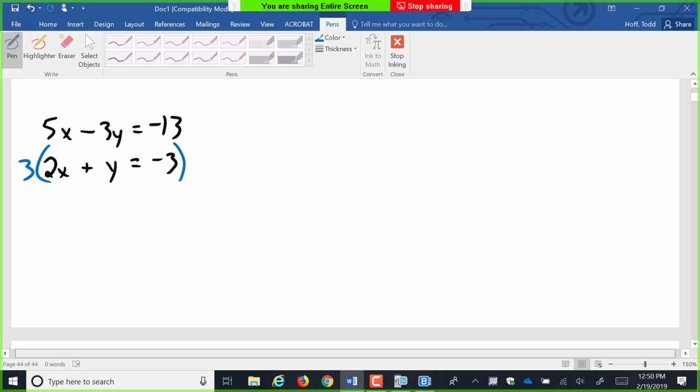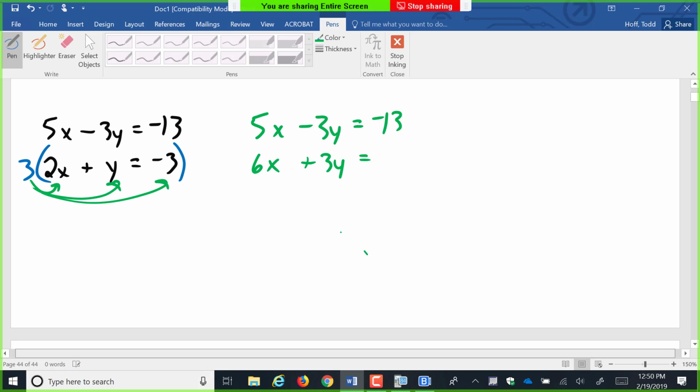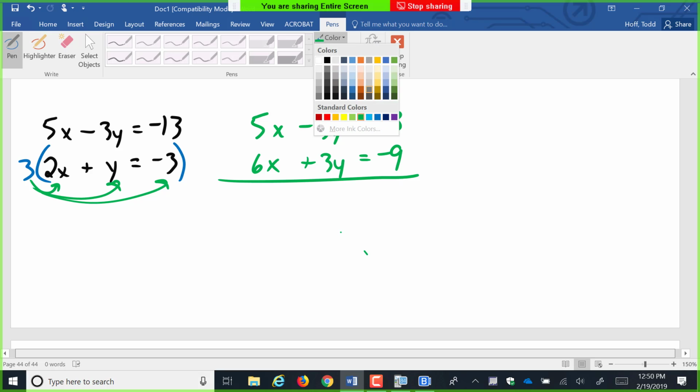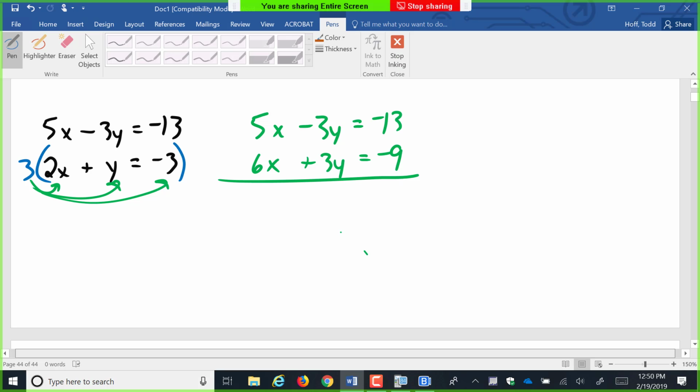Exactly. So that top equation will still be 5x minus 3y equals negative 13. That bottom equation is going to become, what's 3 times 2x? 6x plus 3y equals negative 9. Perfect. Now we have a negative 3y and a positive 3y. Those are going to cancel out when we add them.